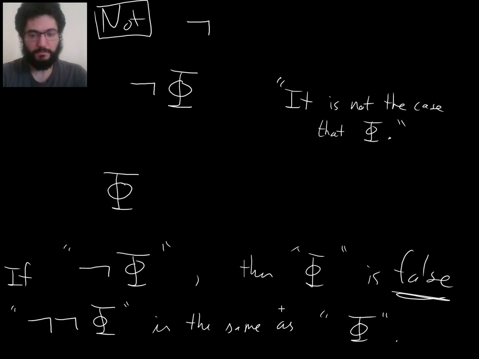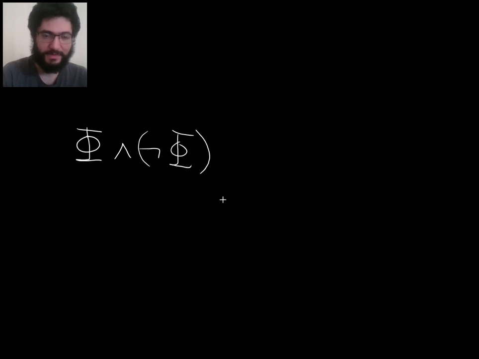Now that we have the not, or the negation symbol, we can make ridiculous sounding sentences like this: phi and not phi. Anytime you write something like this, it is called a contradiction.